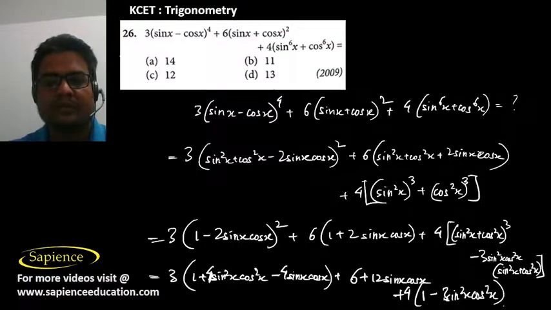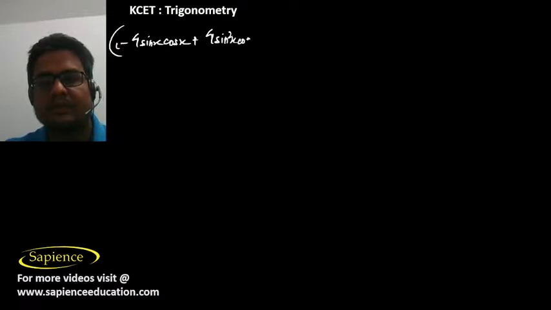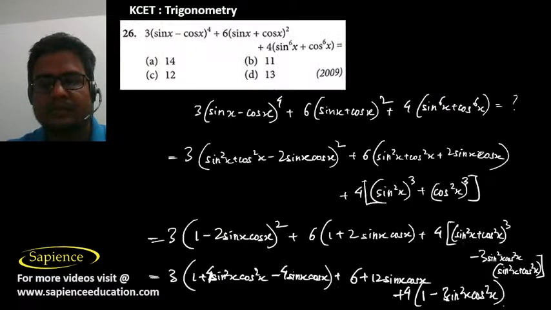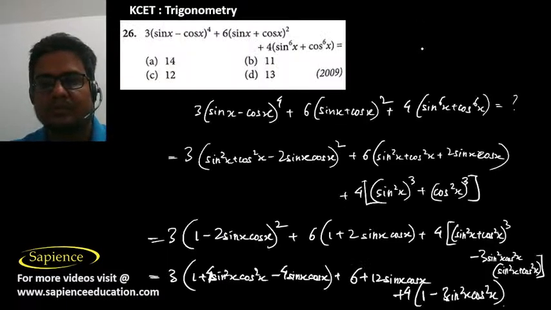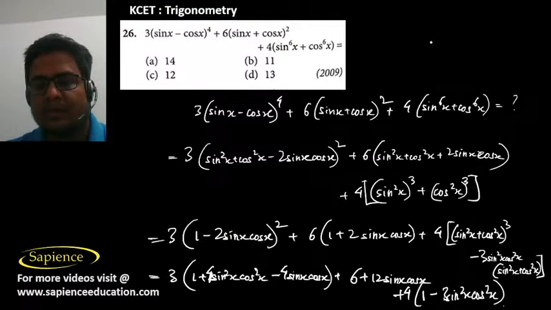So that is equal to 3 into (1 minus 4 sin x cos x plus 4 sin square x into cos square x) plus 6 plus 12 sin x cos x plus 4 into (1 minus 3 sin square x cos square x).